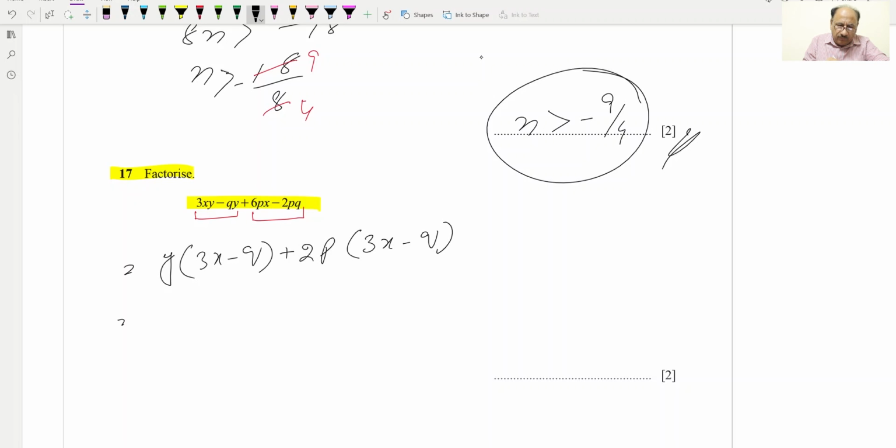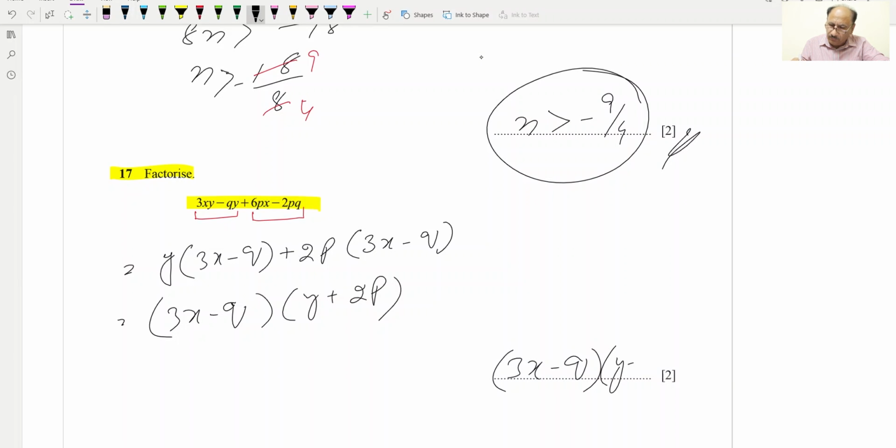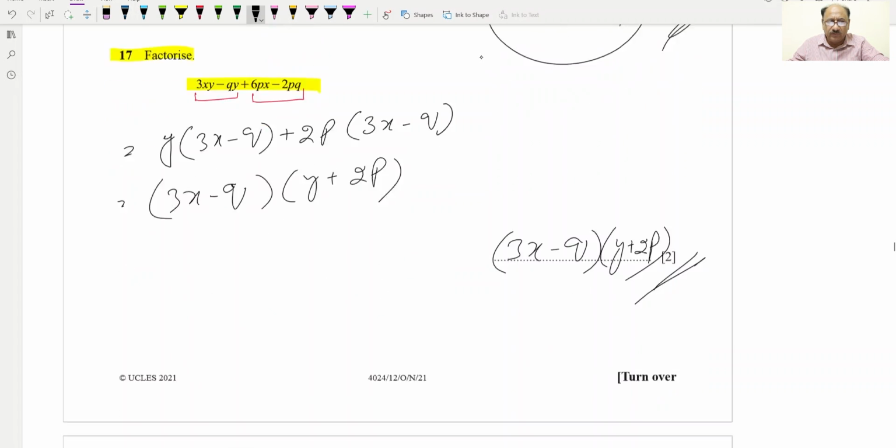So again from here we can take 3x minus q common, and we can combine y plus 2p, and this will be the final answer, 3x minus q and y plus 2p, and this is a 2 marks question which we are done.